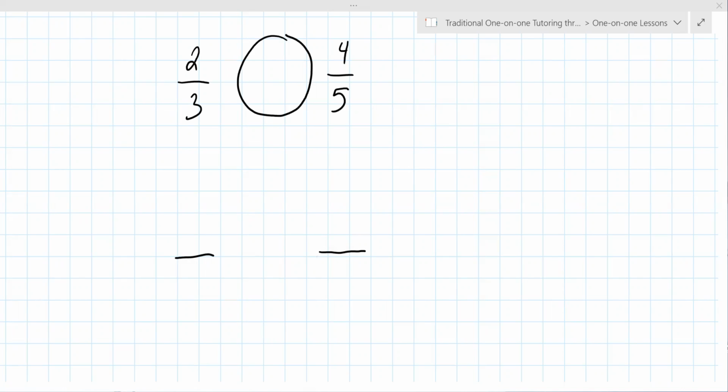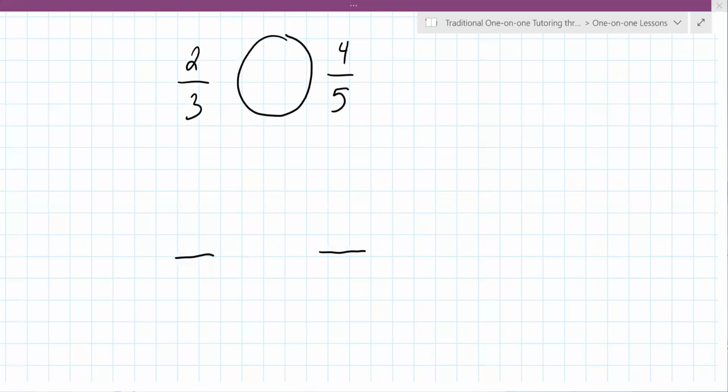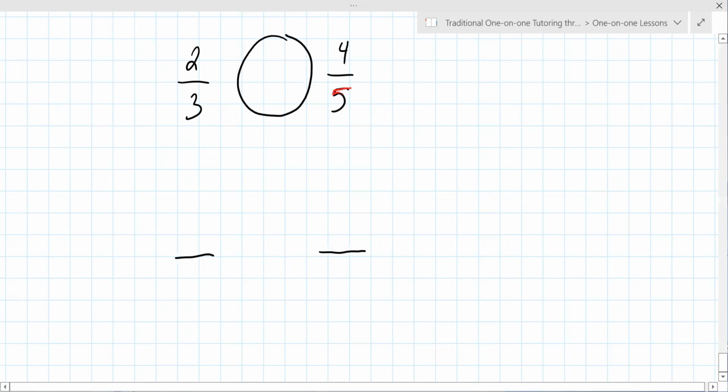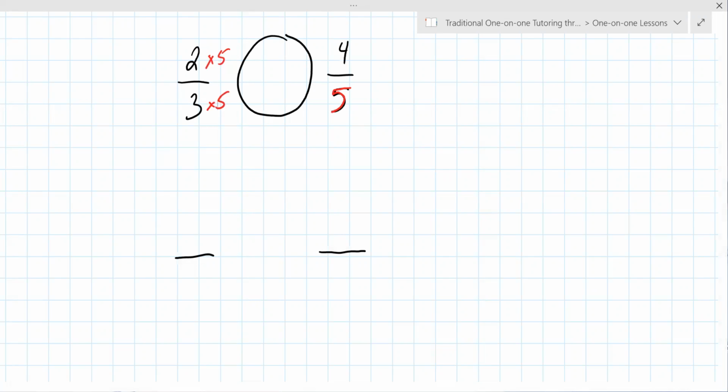I'm having a little bit of trouble. Do you have a question for me? Yeah. What is your question? Go ahead and tell me or ask. I don't know which one is. Okay, so you take the number on the right here, the bottom right, this 5, and you multiply both of these numbers on the left by 5. Oh, okay.